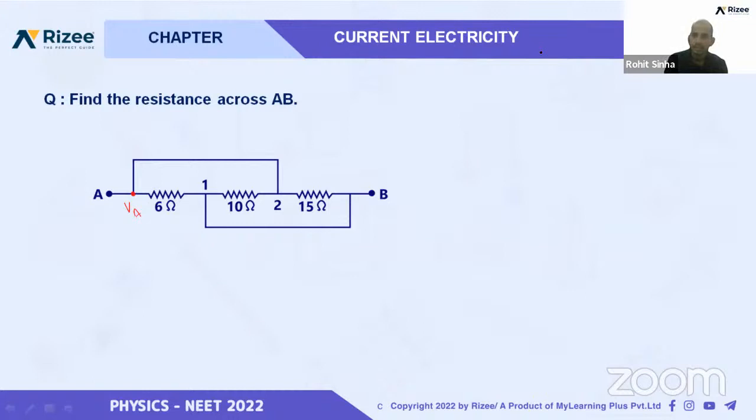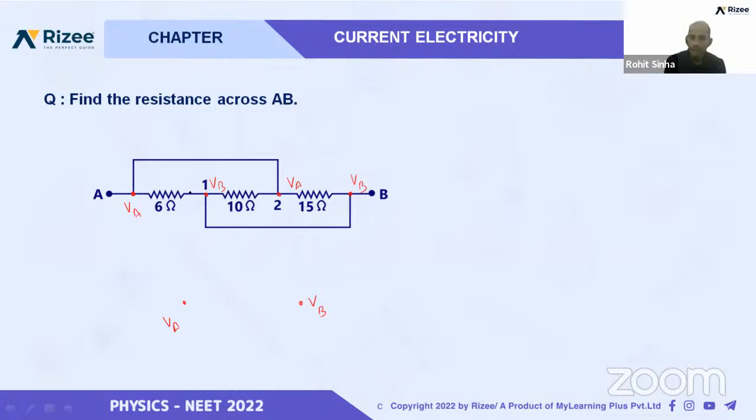Use this concept, and suppose this potential is VB, then here the potential will be VB. Now take the two points VA and VB and join according to that.